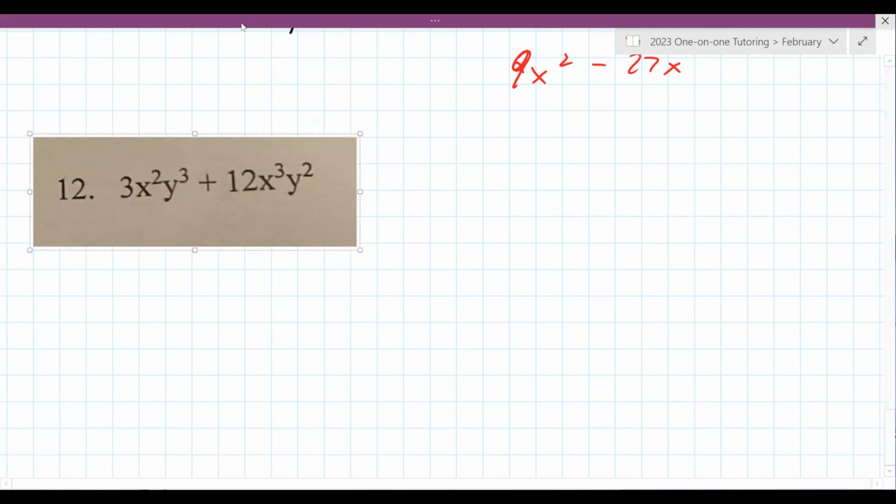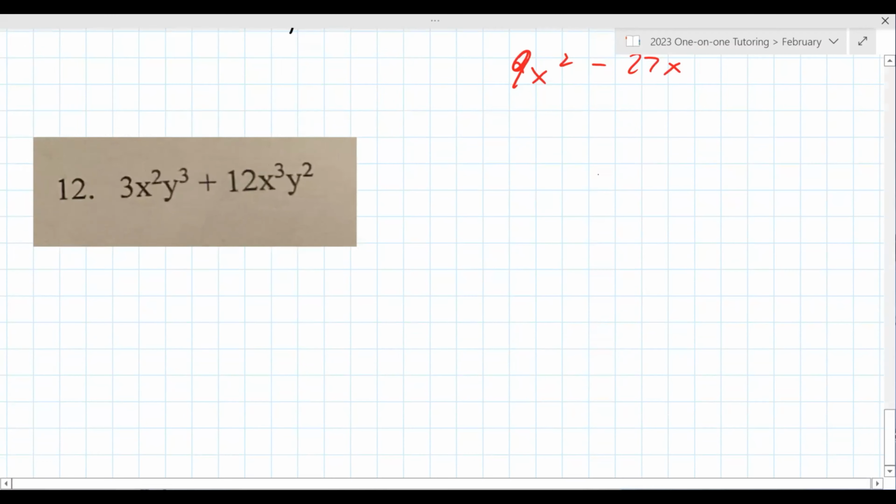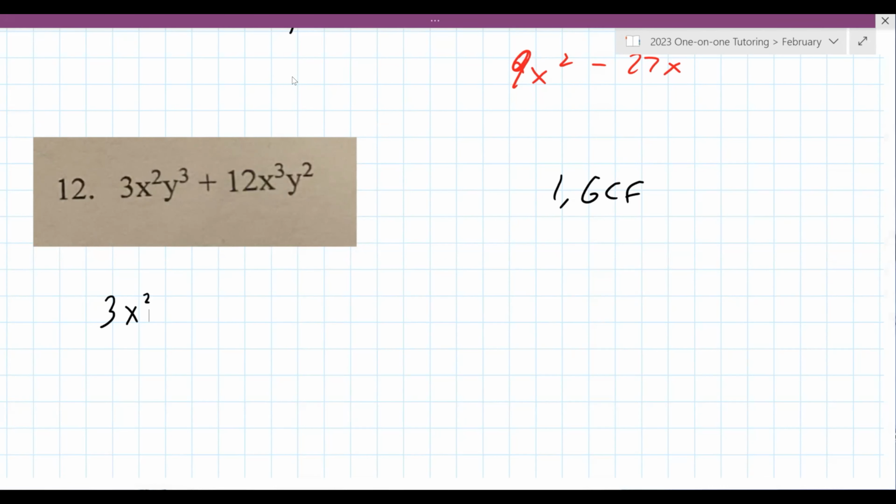All right, so new problem here. This also has a GCF. So go ahead and look at the number first, then the variables. It would be 3x squared. So you look at the smallest exponent between them.